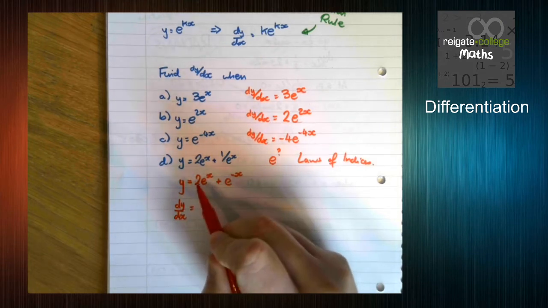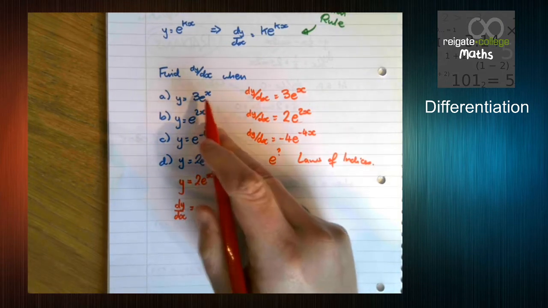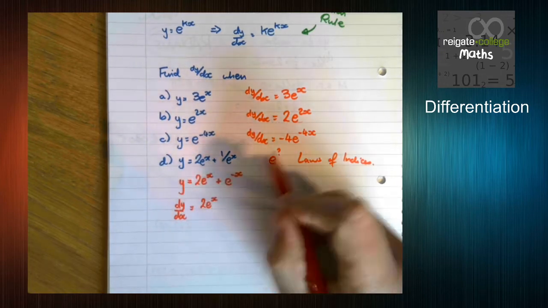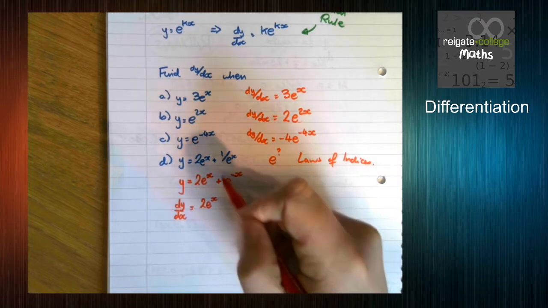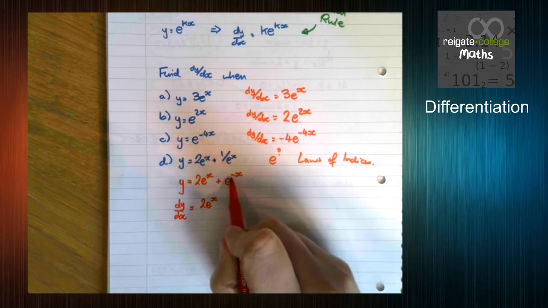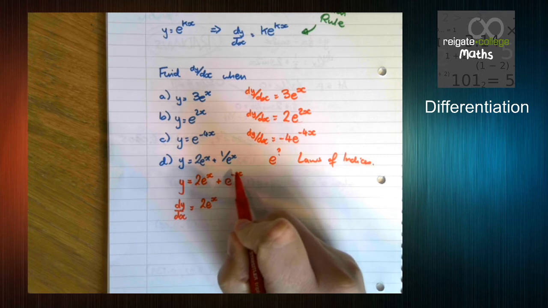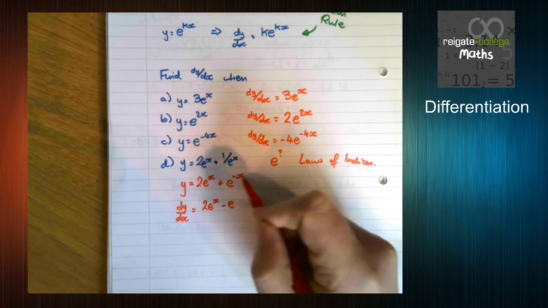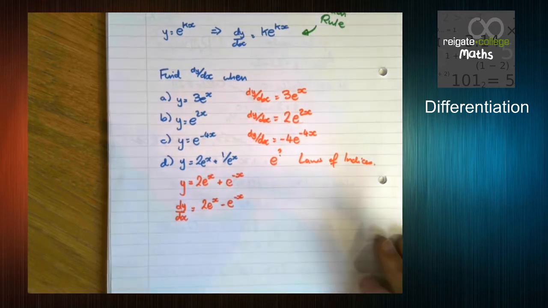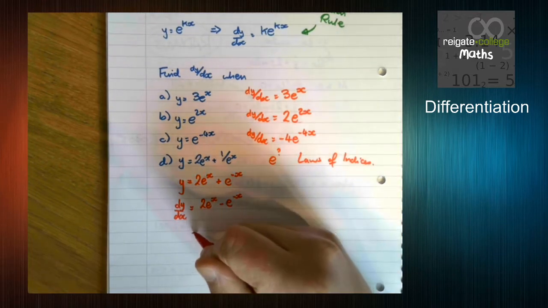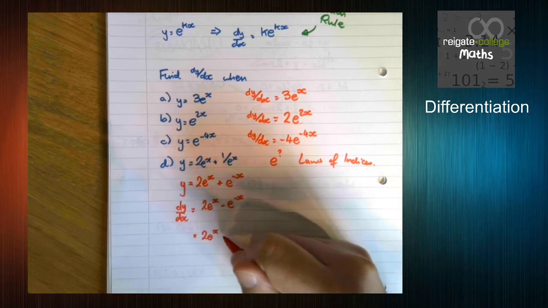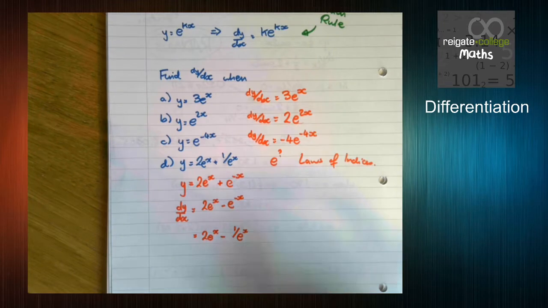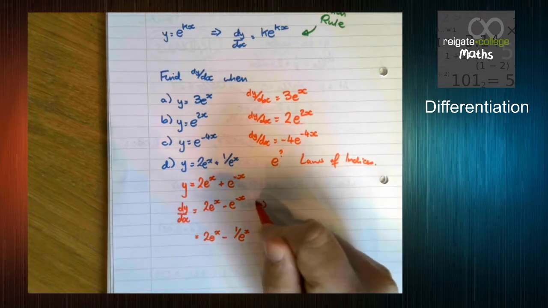This first function behaves exactly like part A, just with a 2 instead of a 3. This one, we now have minus 1 in our power. So the minus 1 goes on the front, and then everything else stays the same. You may want to put this into the form of the original question, but this is probably sufficient.